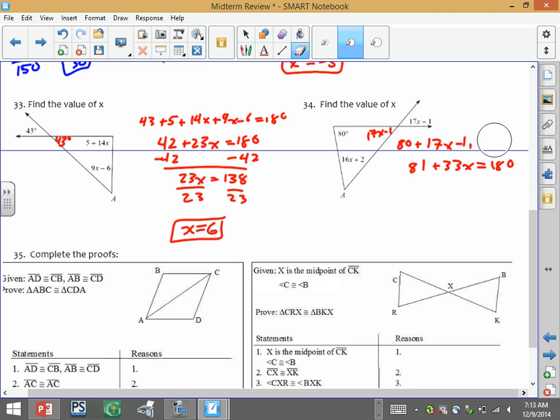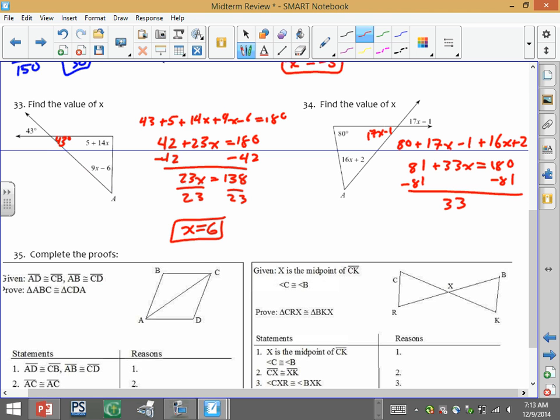Let me clean this up just a little bit so it's easier to read. Subtract 81 from both sides, so we're left with 33x equals 99. Divide both sides by 33, and here, x equals 3.